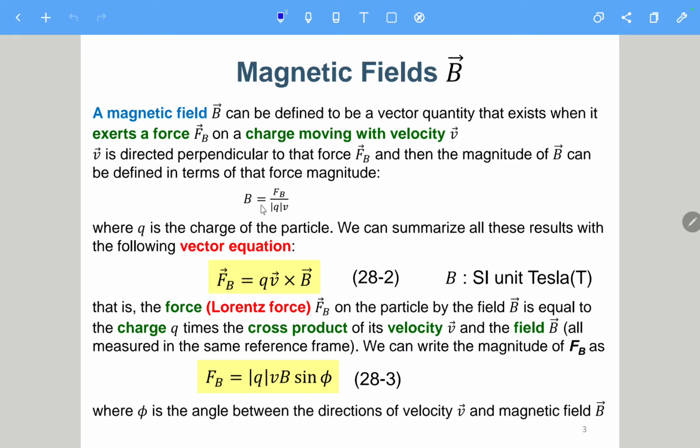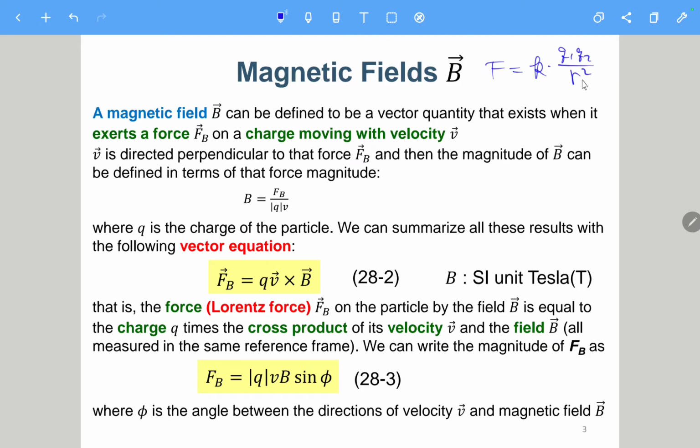Okay, so here is the claim: B is Fb over Q times V. At the beginning of this semester, we learned about Coulomb's force, which is F equals K times Q1 Q2 over R squared.